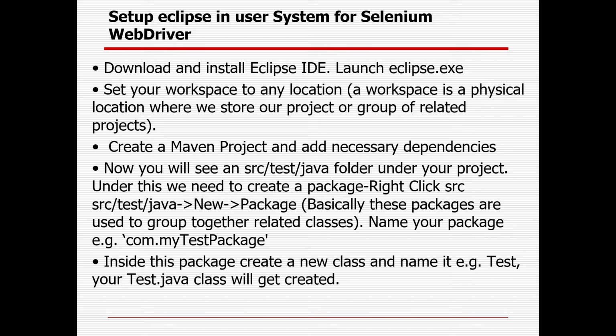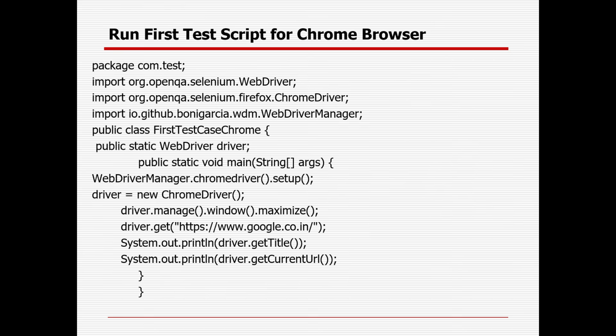You can create a Maven project, then create a package, then create a class, where the main execution will start from the main method, and you can use the System.out.println method to print something in the console. You can set things up by creating an object for the WebDriver interface using the relevant browser class, like ChromeDriver or FirefoxDriver.